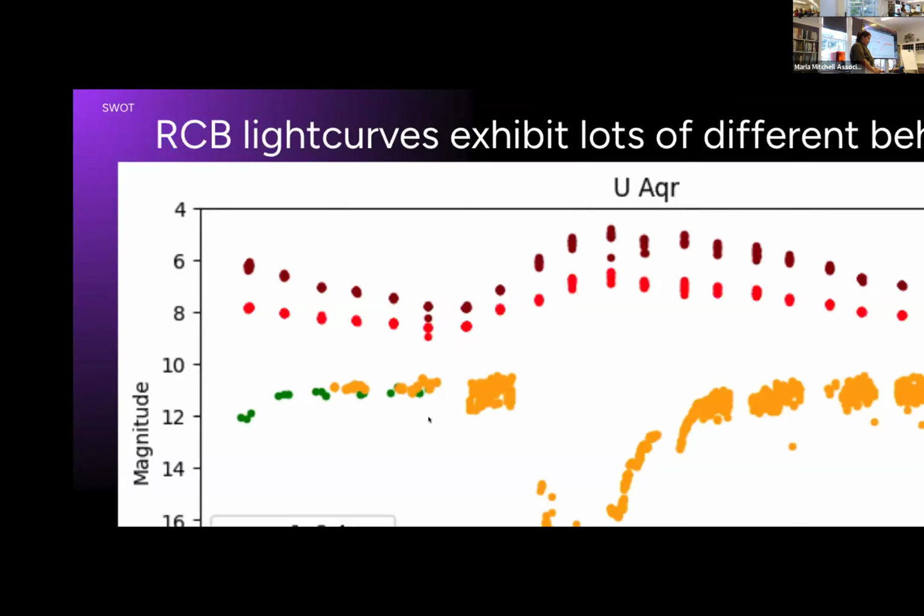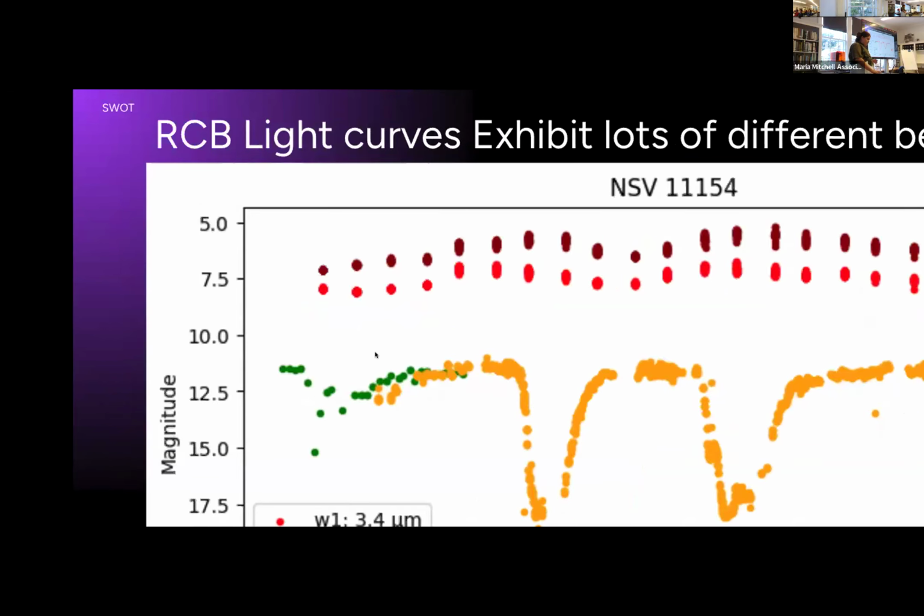This is the optical light, what we would be able to see visually, taken with scopes like Gaia and Atlas. And this is the infrared light. What we see here is a brightening event just right before a decline event. That's telling us that the dust is forming just right before we stop being able to see light from the star. Another type of behavior we see is a star with multiple declines and corresponding incline events.